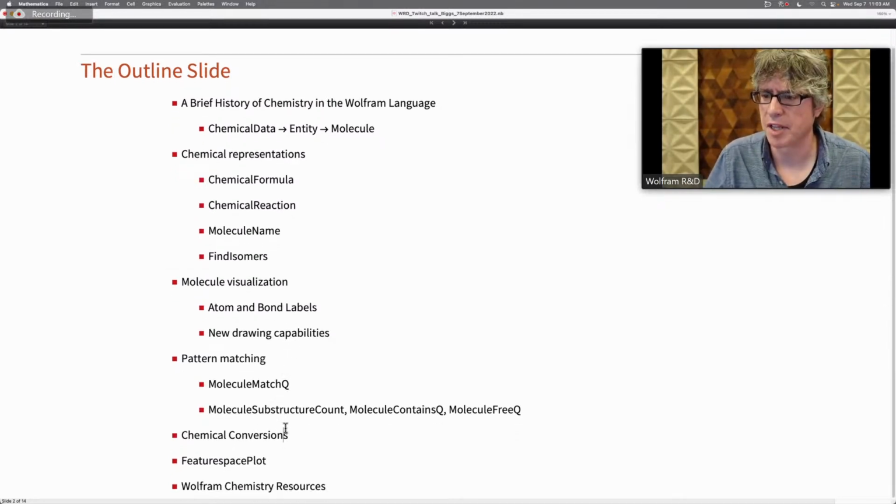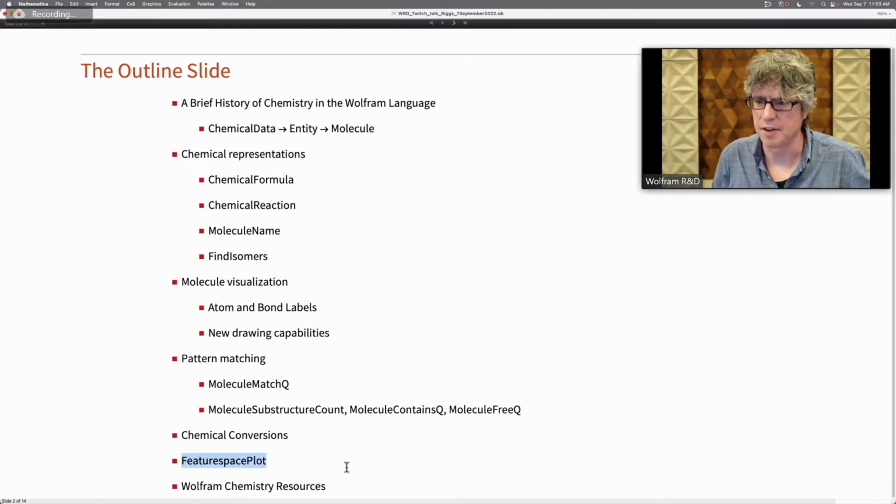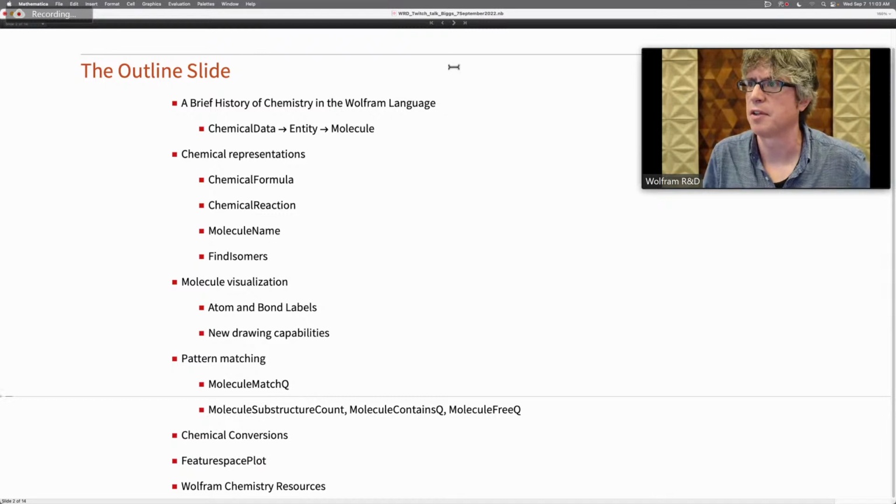We'll talk about the chemical conversions that we've added in the most recent version, 13.1. And we'll talk a little bit about feature space plot and feature extraction in molecules. And we'll preview a paclet that is about to be released on the Wolfram Paclet Repository.